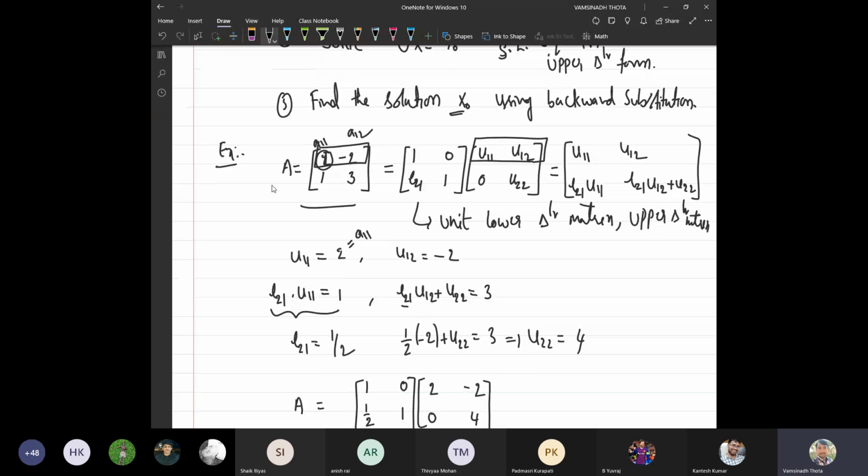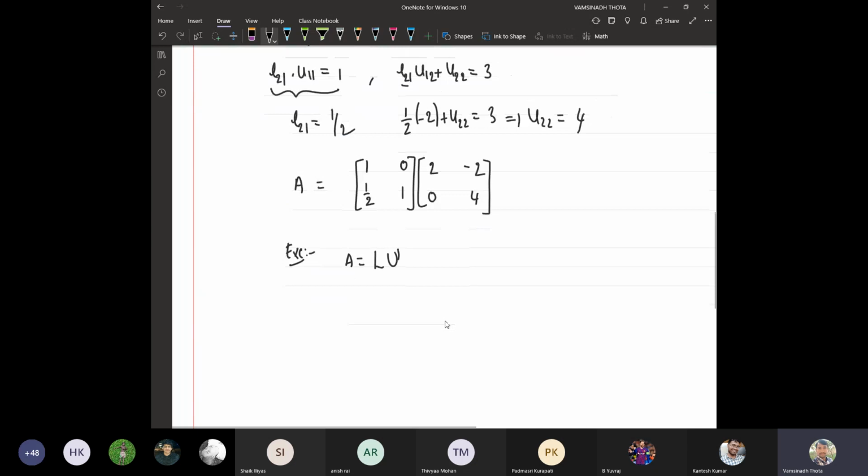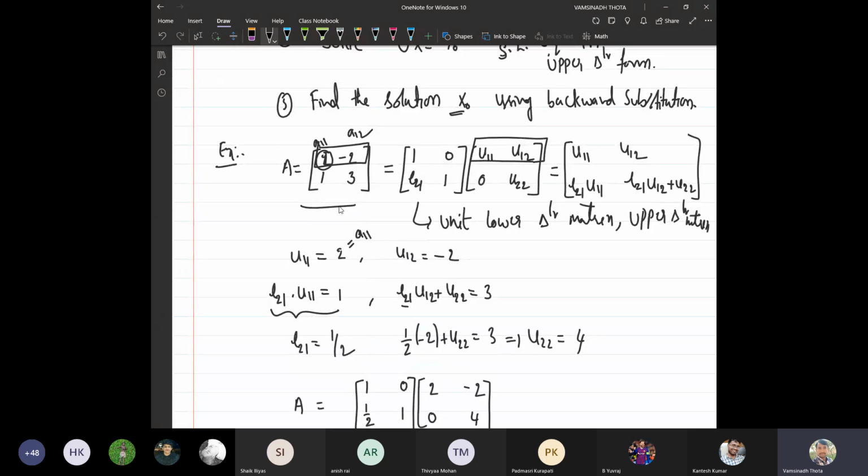Now you can ask, sir, if it is only a 2 by 2 matrix, we are having only 3 or 4 equations. Even if the given square matrix is of order 3, we can still do it. But as the order increases, how many equations will you be getting?